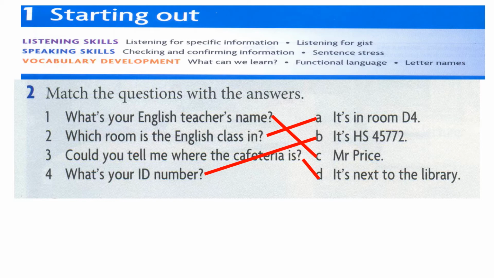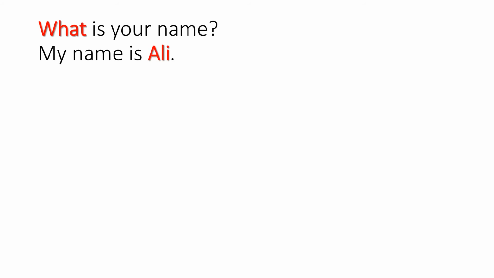If I ask the first question again, what's your English teacher's name? Can you say yes or no? Of course not. You have to give me information like Mr. Price. Let's move now to this question. What's your name? My name is Ali.